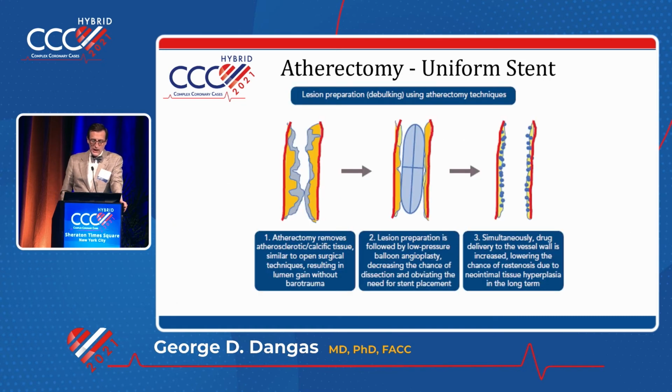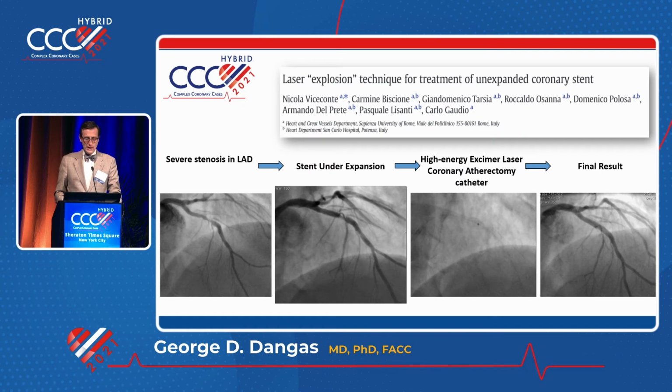Ultimately, what we really want to achieve is a really good expansion of the lesion, as much as possible, a uniform stent expansion for whatever segment of the vessel you are treating. That allows the stent to be inserted atraumatically into the vessel, appose well, and do its job by eluting the drug and preventing restenosis. That is extremely important.